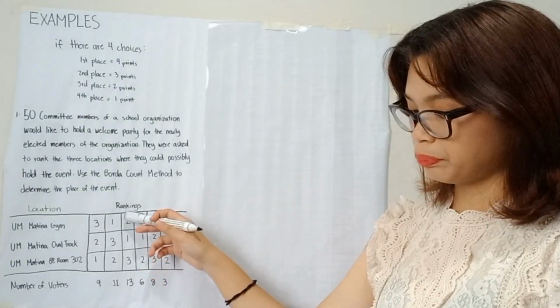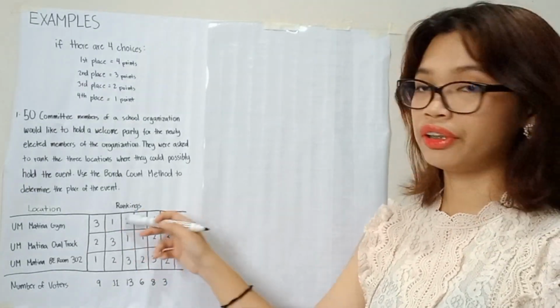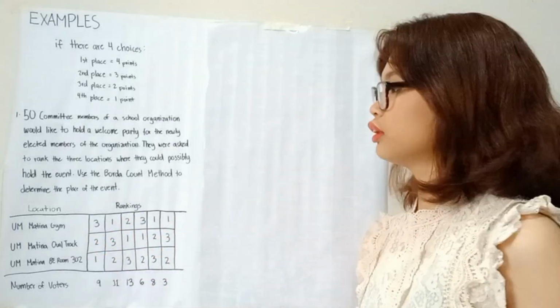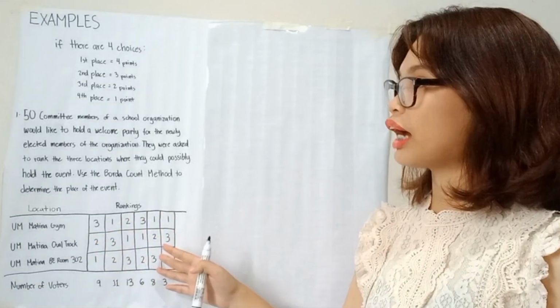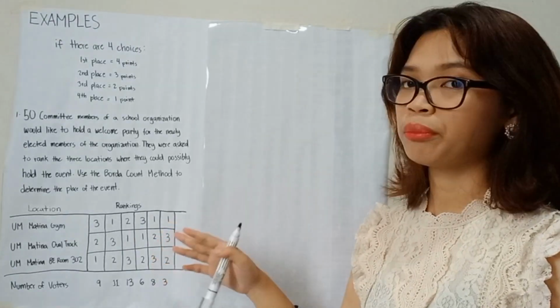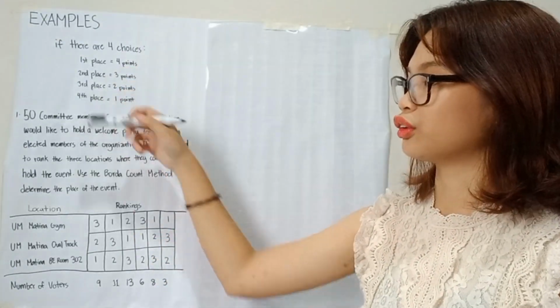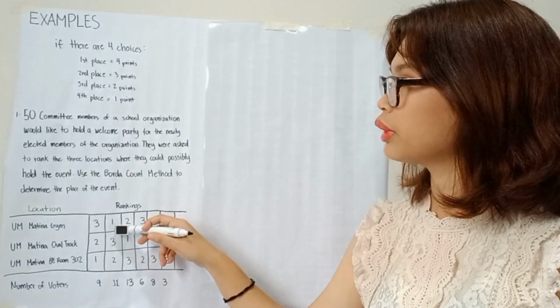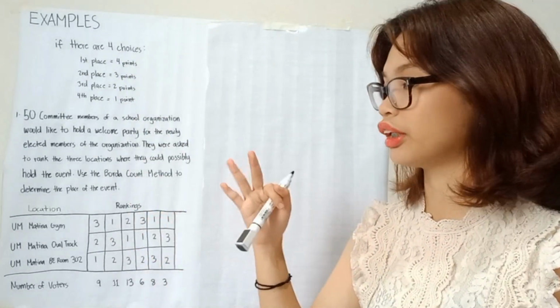Then on the right side, we have the rankings. These are the votes of the voters, which they rank. What I mean by the ranking is the places: third place, third place, second place, and first place, because there are 3 choices.